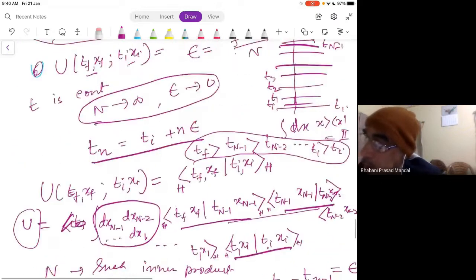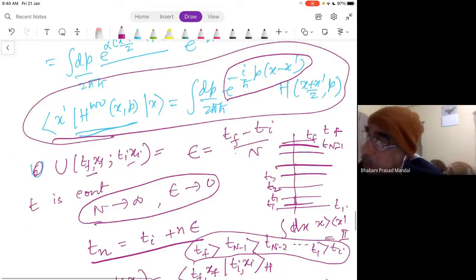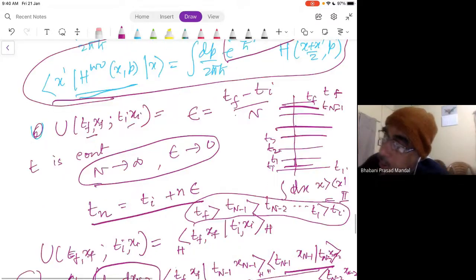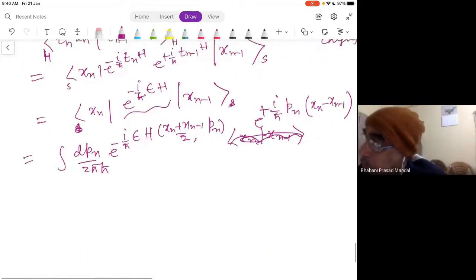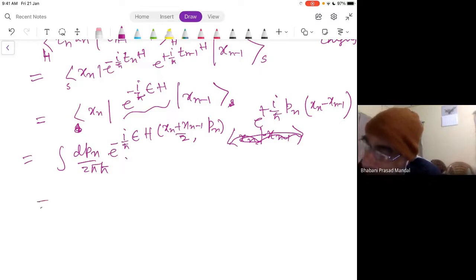Let me see, where x prime, then minus x prime. So x prime minus x will be plus. Okay, so this will be plus. Okay, so these are two exponential quantities. They are just numbers, so I can write dp_n.